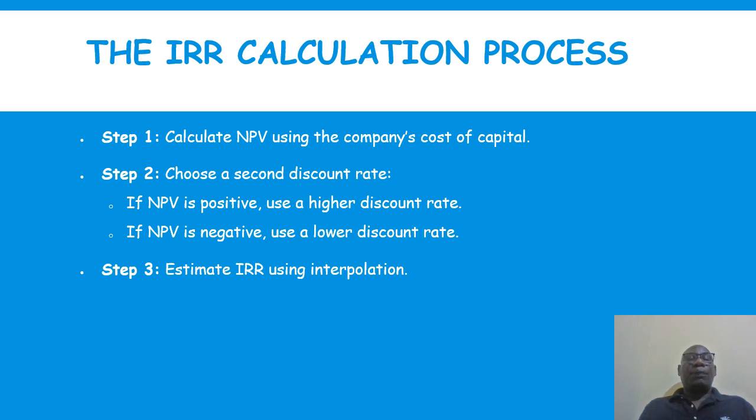Secondly, we are supposed to choose a second discount rate. If the net present value is positive, we use a higher discount rate. Alternatively, if the net present value is negative, we use a lower discount rate.